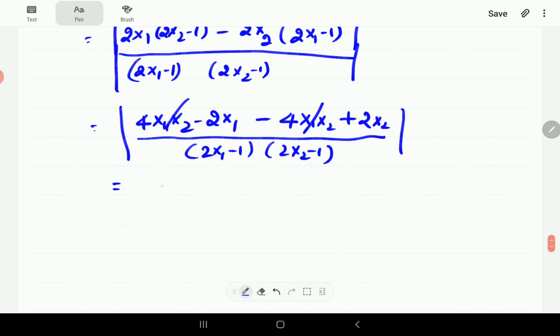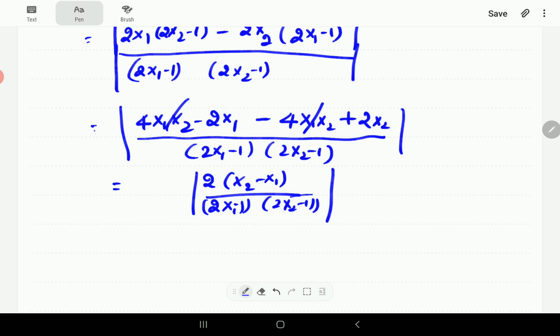If you see this, we can take it as 2 times x2 minus x1 upon 2x1 minus 1 and 2x2 minus 1.